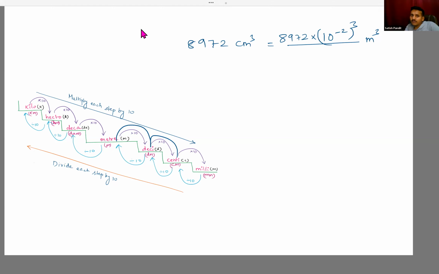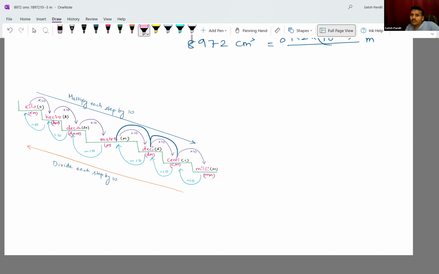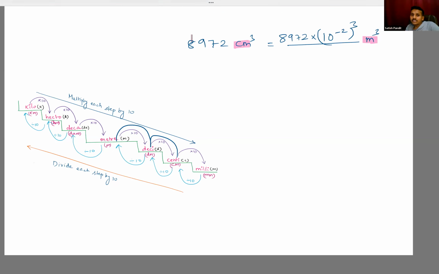Always first of all convert the base. So 8972 into 10 to the power -6. And -6 means, if it goes down, it will become 10 to the power +6.